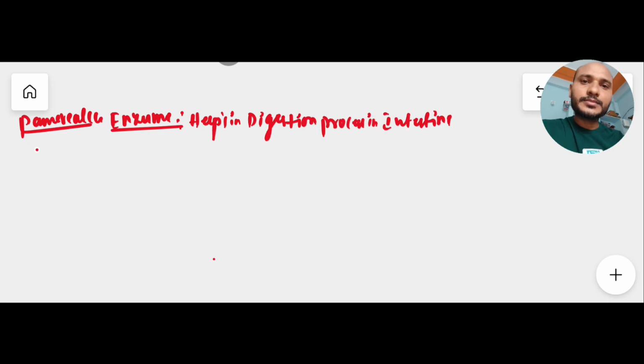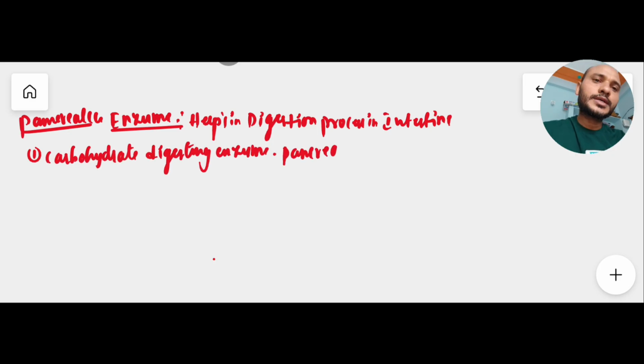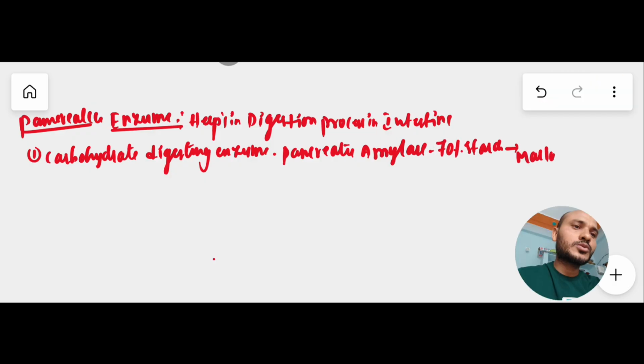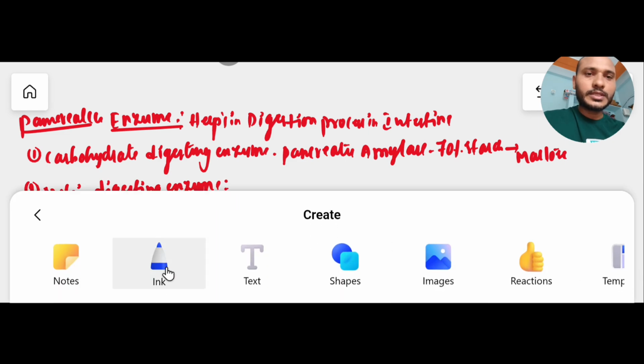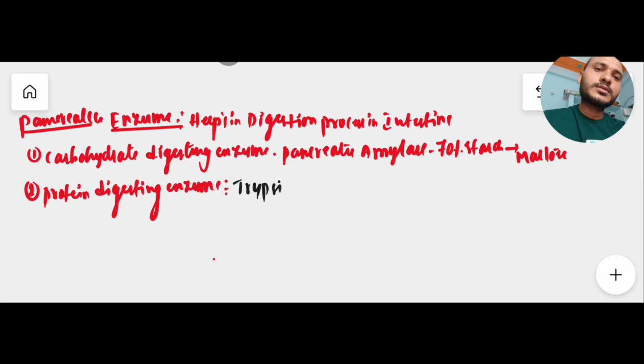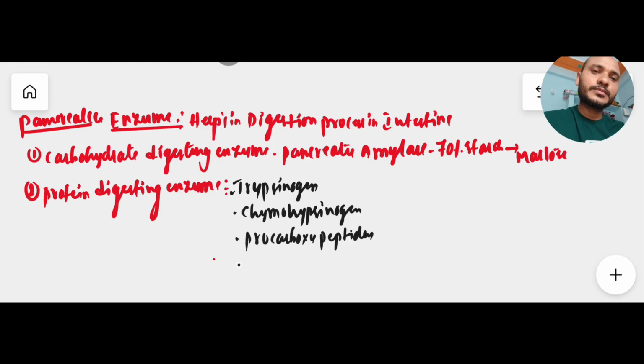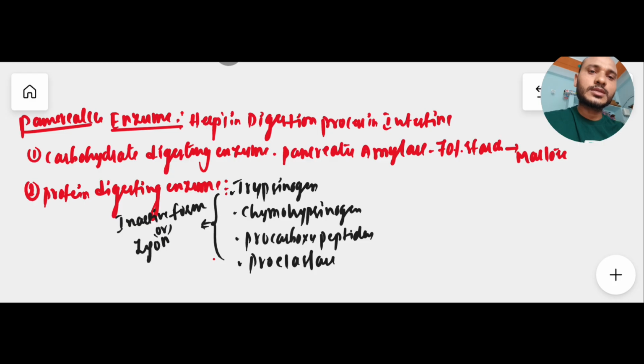The pancreatic enzymes include carbohydrate digesting enzymes like pancreatic amylase, which helps convert 70% of starch into maltose. Then there are protein digesting enzymes like trypsinogen, chymotrypsinogen, procarboxypeptidase, and proelastase. These are all inactive forms of enzymes, also called zymogens.